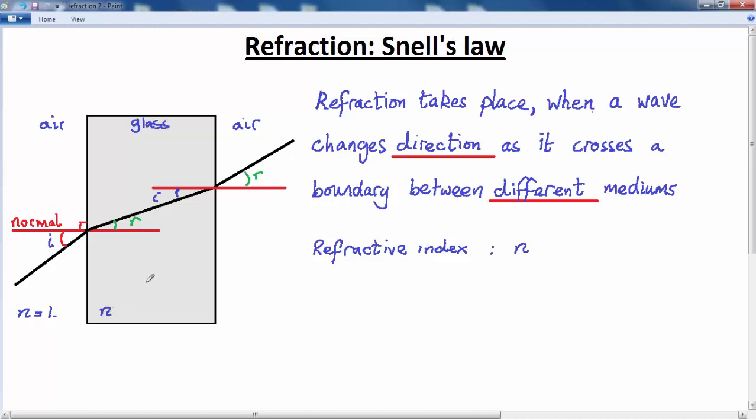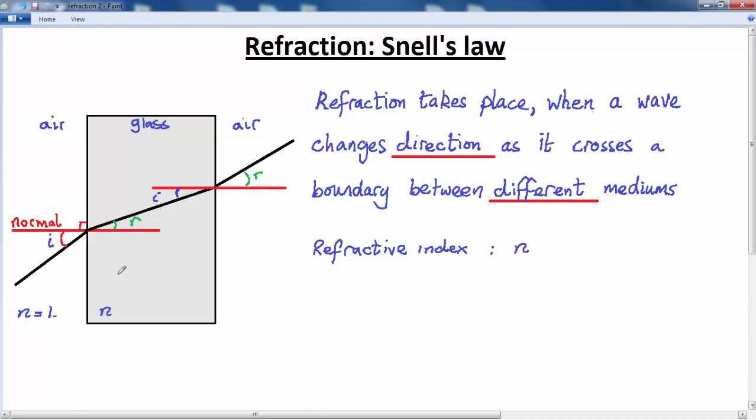And the refractive index really is a measure of how much the light interacts with the material as it passes through it. Now, a material which has a high refractive index means that there's more interaction with the light, and as a result the light tends to slow down more as it passes through the material.